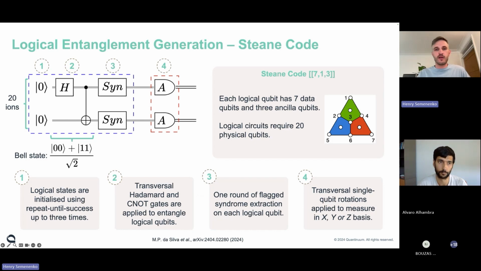In this particular code, we can rotate transversally in X, Y, or Z bases, and then we can measure the outputs. From the outcomes of this, we are able to infer what the syndrome measurements would have been. And so it does allow us to check whether there were any errors still in the circuit.